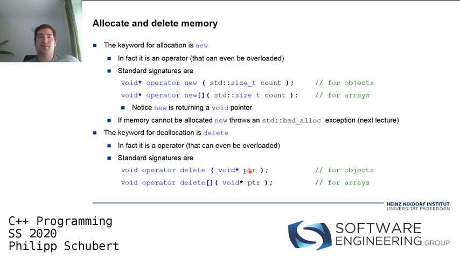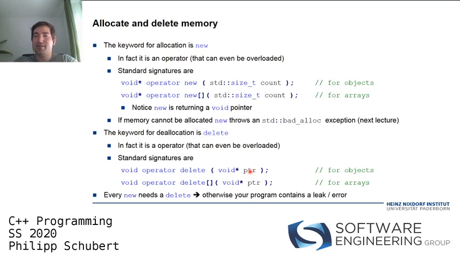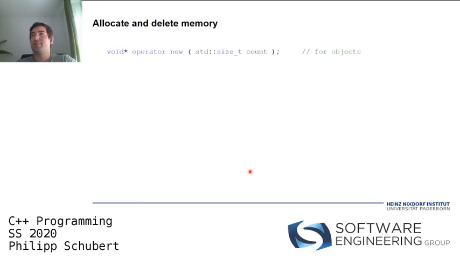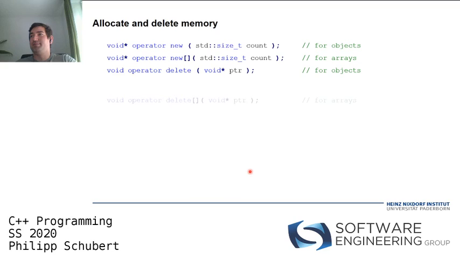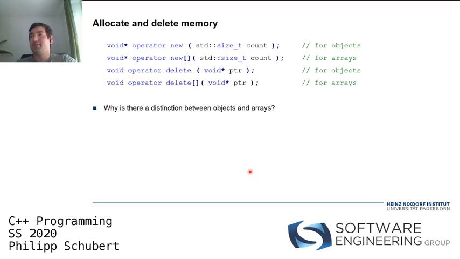So you give it a pointer, you give it the address of that memory that is yours, and then it will just get rid of that memory and tell the operating system, here, I don't need that memory, use it for something else. Again, recall that every new needs a delete, otherwise your program contains a leak or undefined behavior. Okay, so those are the operators here.